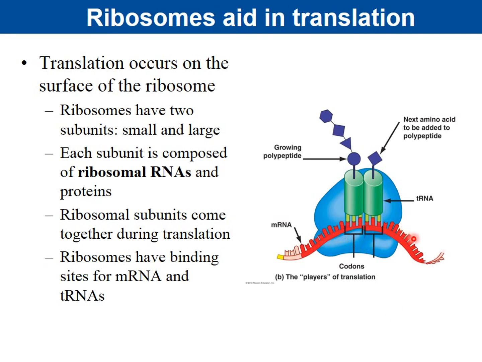So it's going to bind the mRNA, and it's also going to bind the tRNA to bring the anticodon together with the codon. Notice here you can see two tRNAs bound side by side. We'll talk about how translation works and how we can add an amino acid to a growing polypeptide chain.